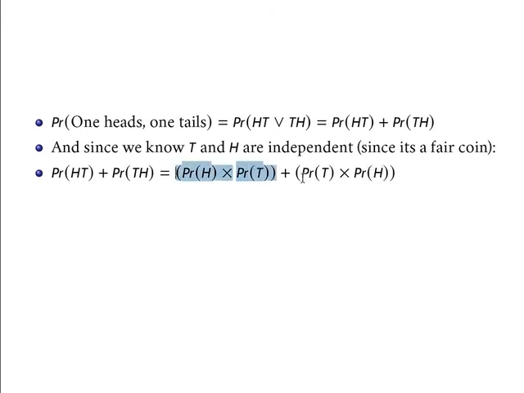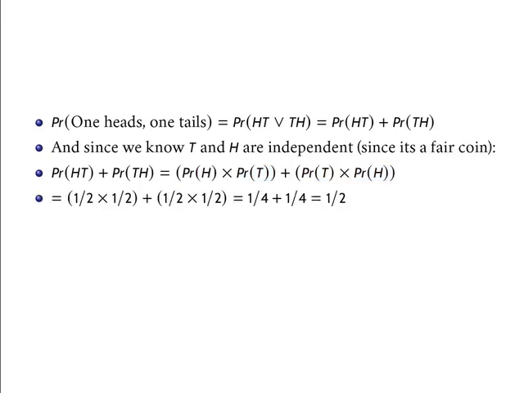So now here we have an equation where the numbers which we have to fill in are just simple probabilities of these simple sentences. And since we know it's a fair coin, we know that all of these are going to be 1/2, because for each flip, it's a probability of 1/2 for heads and 1/2 for tails.